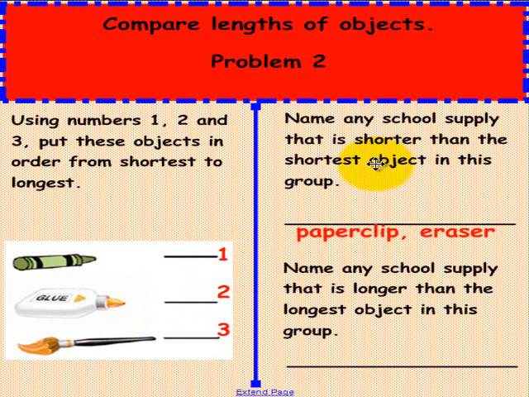What objects that you might have in your classroom are shorter than these? A paper clip or an eraser. And what objects might you have in your classroom that are longer than these? Your notebook or paper. If your answers matched ours, that is amazing, superior, way to go.